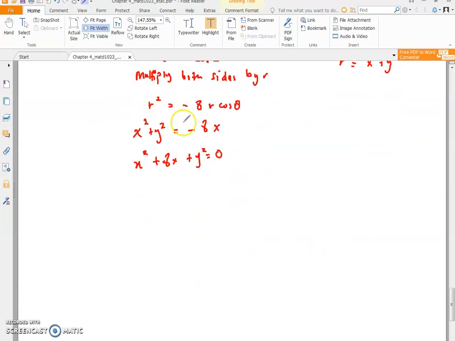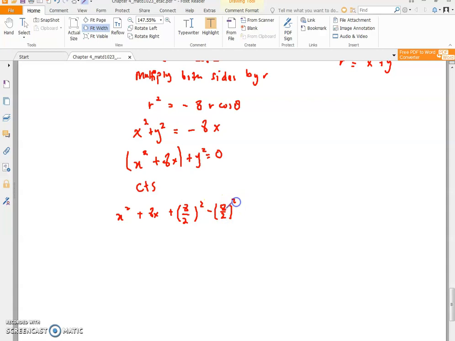Here, if you look at this part, you can use what we call completing the square to factorize it. You are going to get x squared plus 8x plus (8 divided by 2) to the power of 2 minus (8 divided by 2) to the power of 2. This is the formula of completing the square.